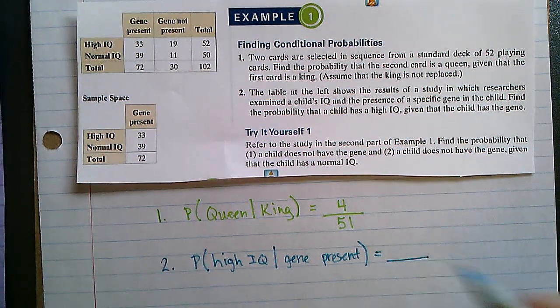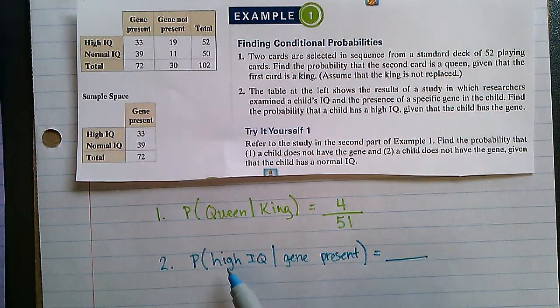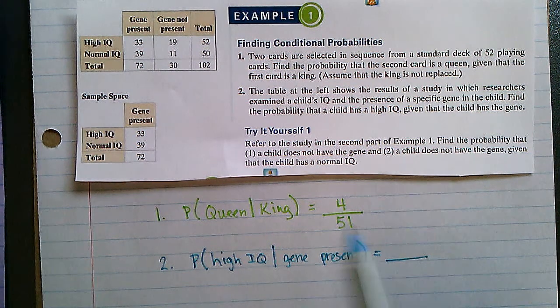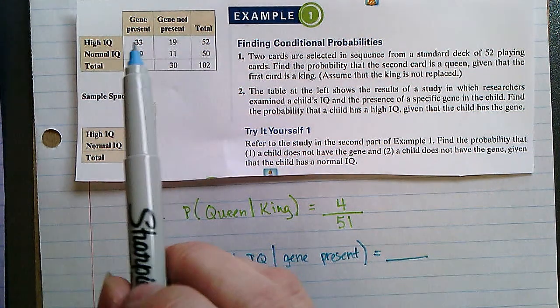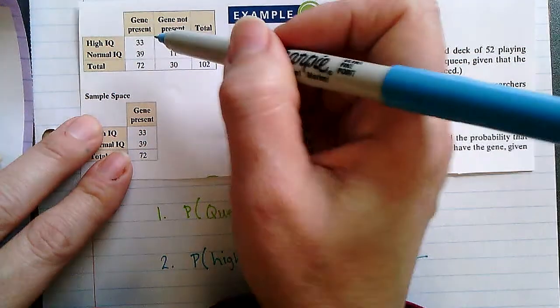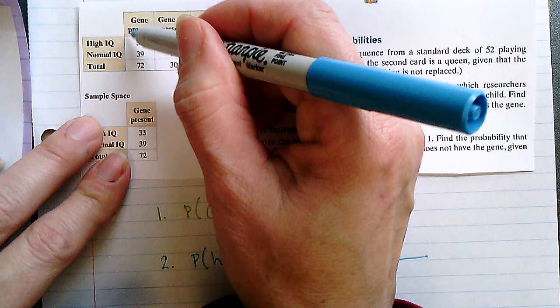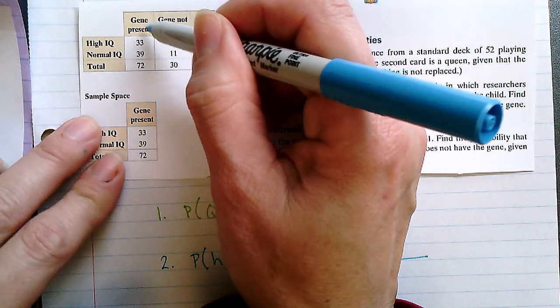So in order to figure out this probability, we need to know the probability for having a high IQ knowing that the gene was already present. So we know the gene is present, which means that we're only dealing with these possible outcomes over here because the gene is already present.